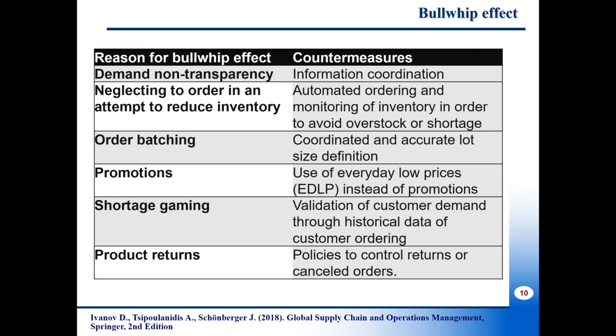Producing better demand forecasts will enable a supplier to learn demand patterns and customer behavior. Finally, policies to control returned and cancelled orders, by including end customers in buyback and return programs, will be able to control customer behavior in returning or canceling orders.